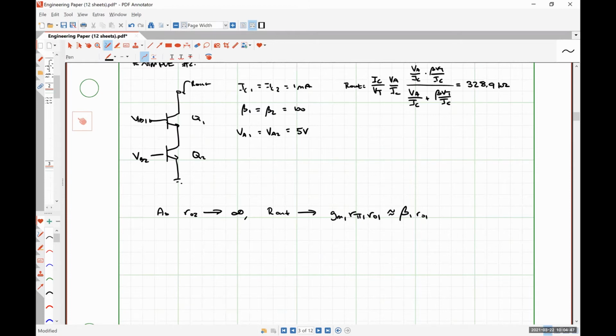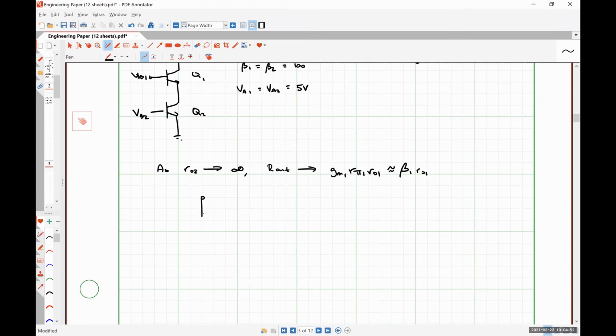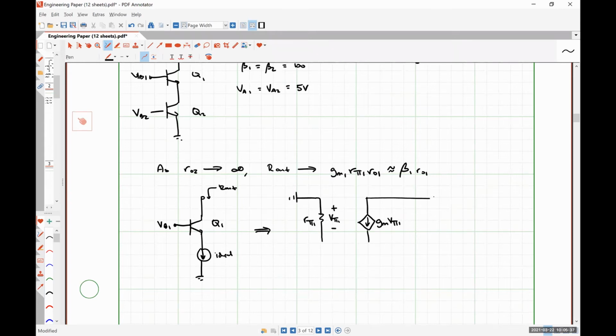And so let me explain what I mean by that. So if we have our circuit where we degenerate this guy with an ideal current source, our small signal model representation of this guy is going to look something like this.